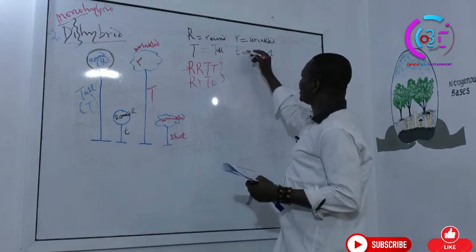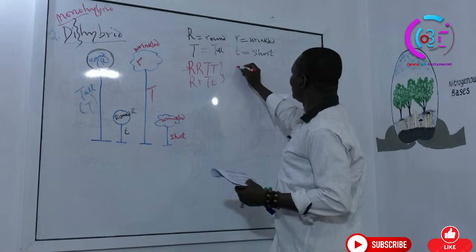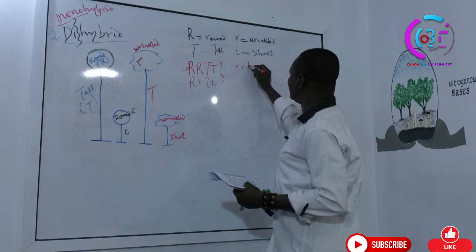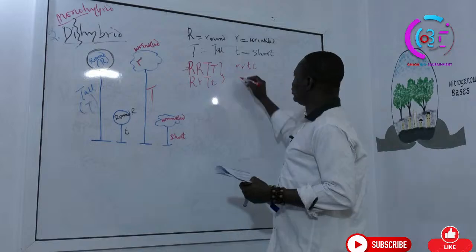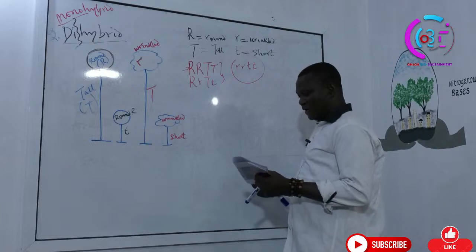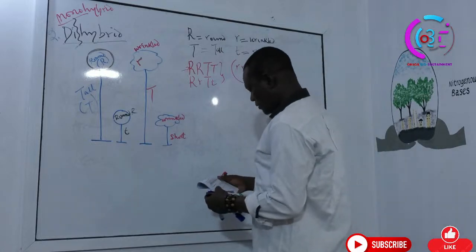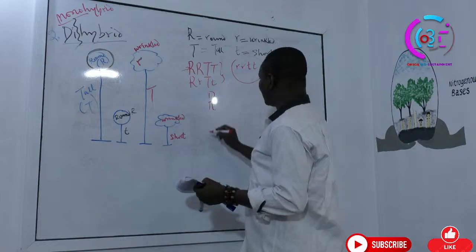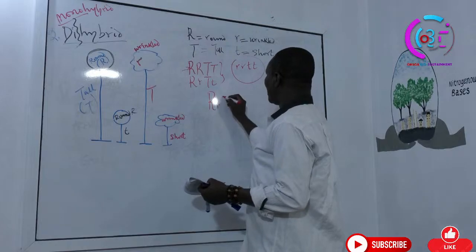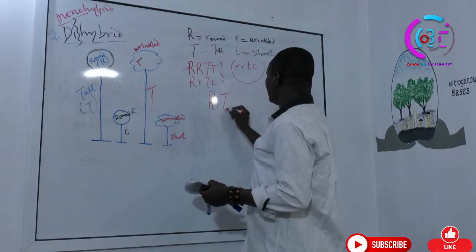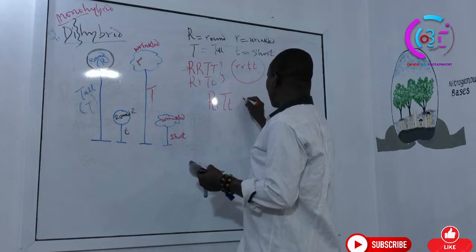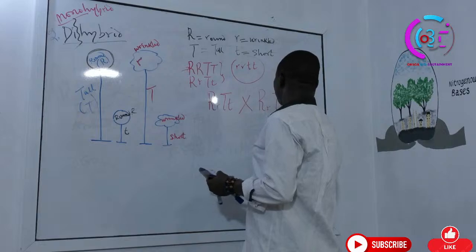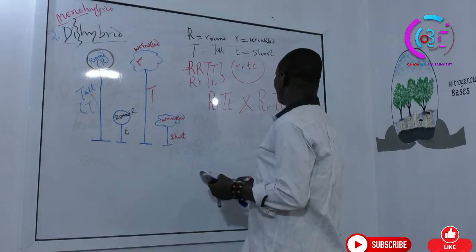So when you cross it with the alternative form, the small letters, at the end of the day what we are going to have as gametes is this.